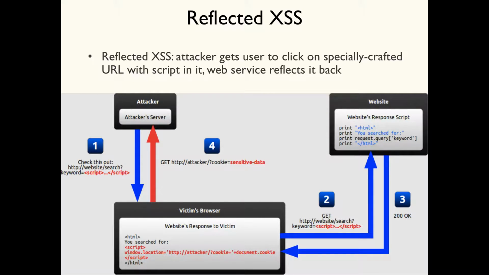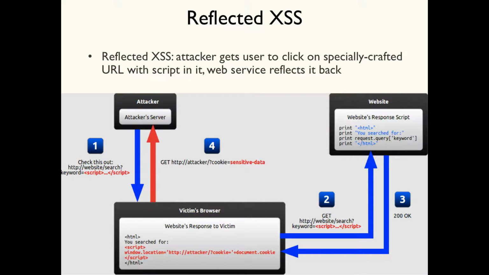You see that in this URL, not only do we have the domain name and the path, we also have some script here. When the attacker sends this to the user, it could be just an instant message, it could be email, it could be other ways to send out this URL.